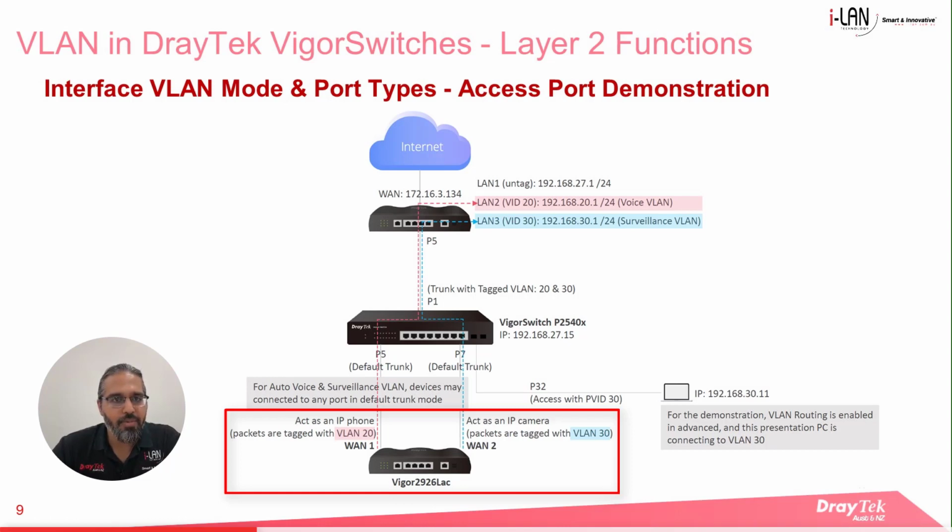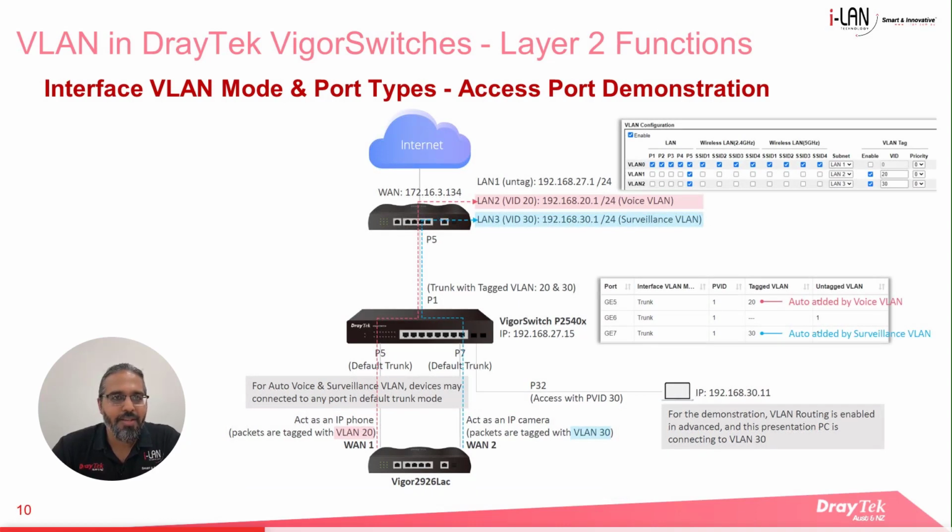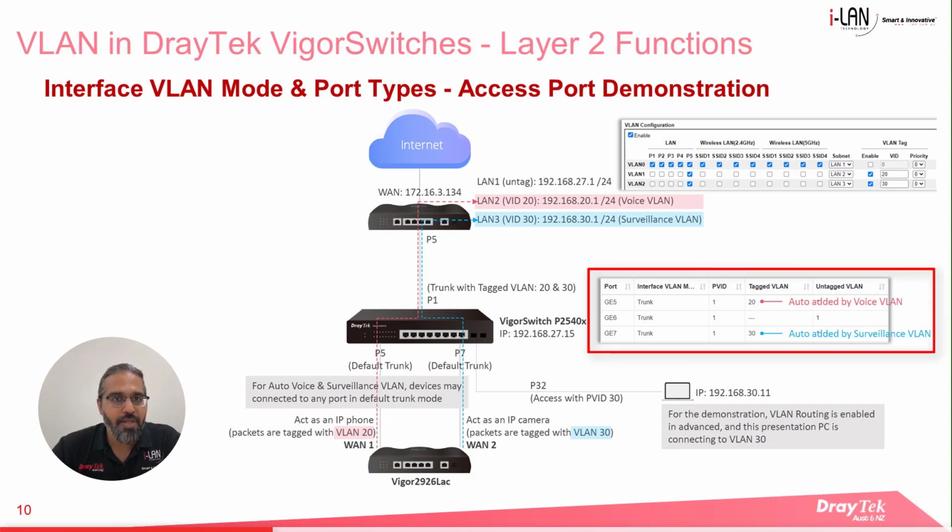Also, WAN 2 is used to simulate an IP camera which sends out data packets with a VLAN tag of 30. We have port P5 of our main router configured as a trunk port, which is connected to the Vigor switch. In the Vigor switch, we will test port 5 or 6 for voice VLAN.